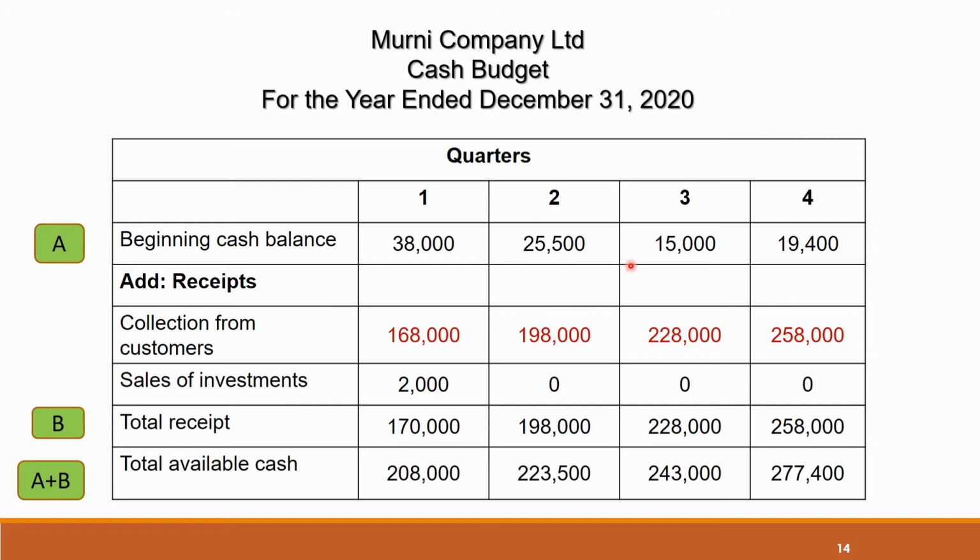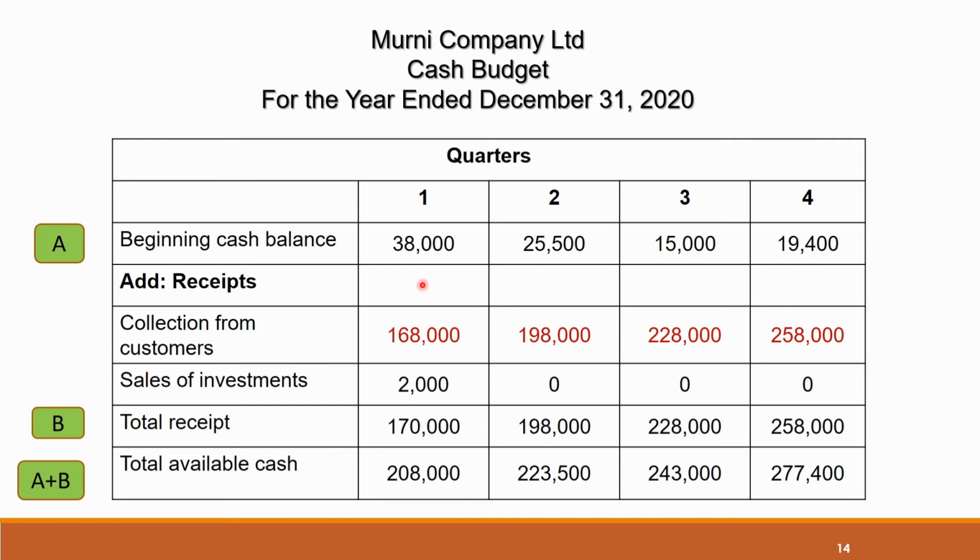And this amount we get from the ending balance of the second quarter carried forward, and it becomes the beginning cash balance for the third quarter. And this one we carry forward from the ending balance of the third quarter, and you get 19,400.